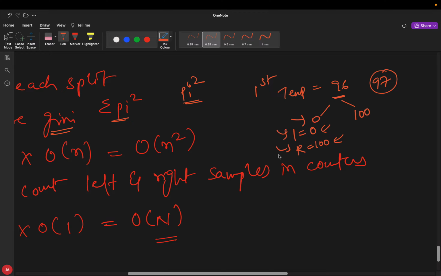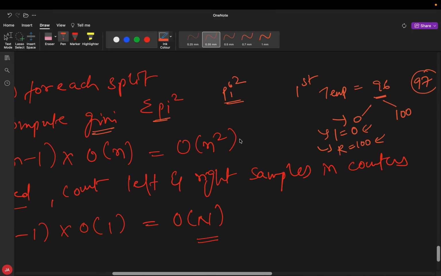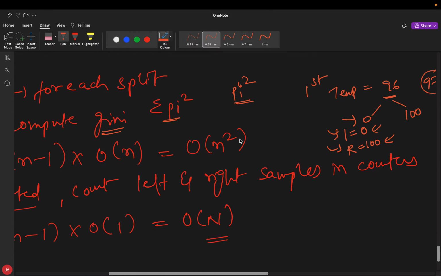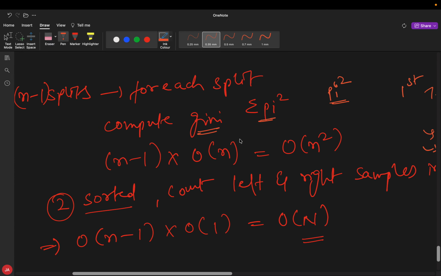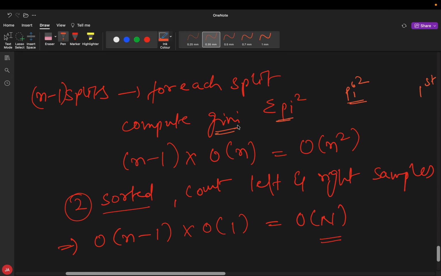So the time complexity of updating those counter pointers is O of 1. If we have n values, we need to check n minus 1 thresholds.